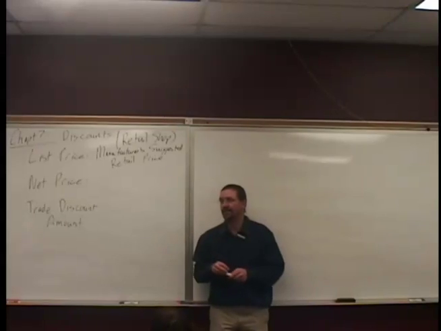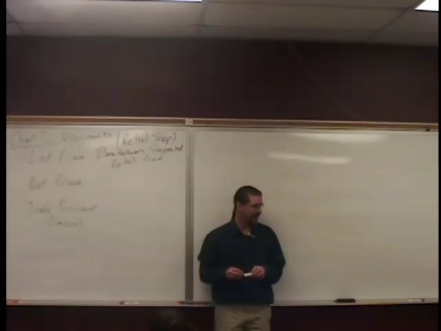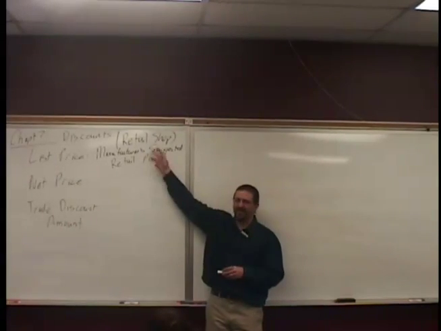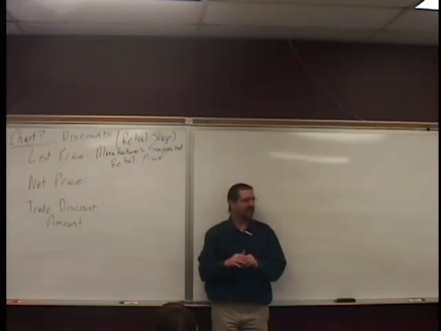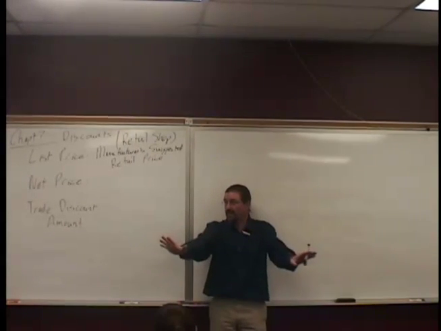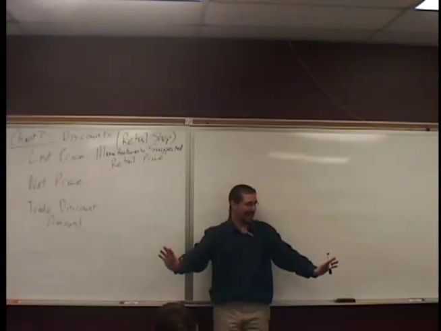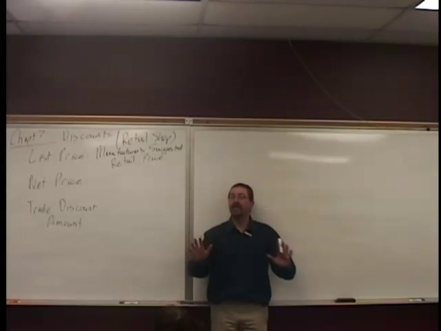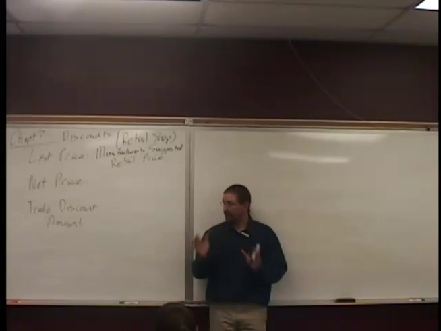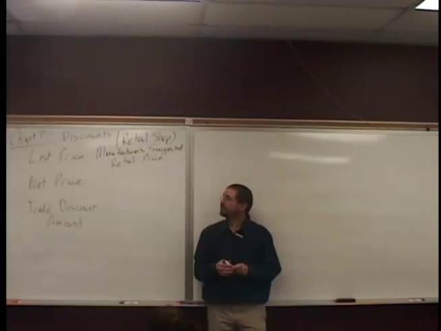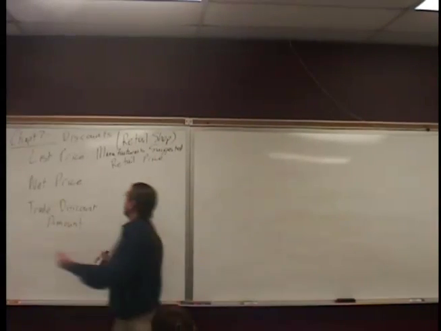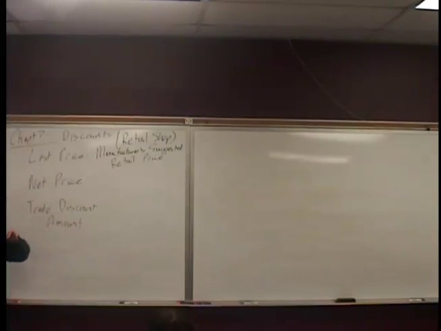That's the way retail shops work more often than not. Now, you can have discounts on your goods if you want, but that's usually your own business's relationship. We're not going to get into that. All we're talking about is the wholesaler-retailer relationship. That's it. So the list price is the manufacturer's suggested retail price.